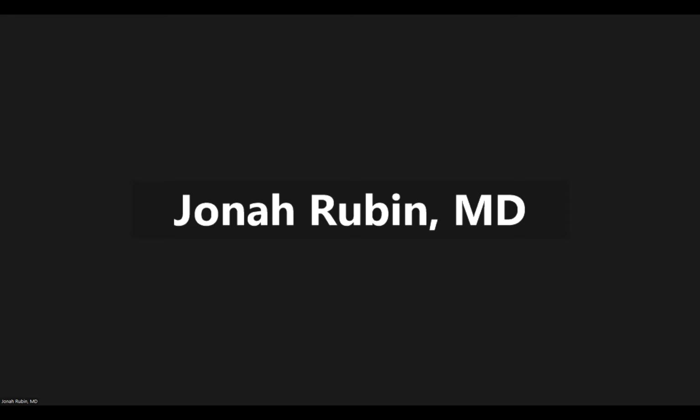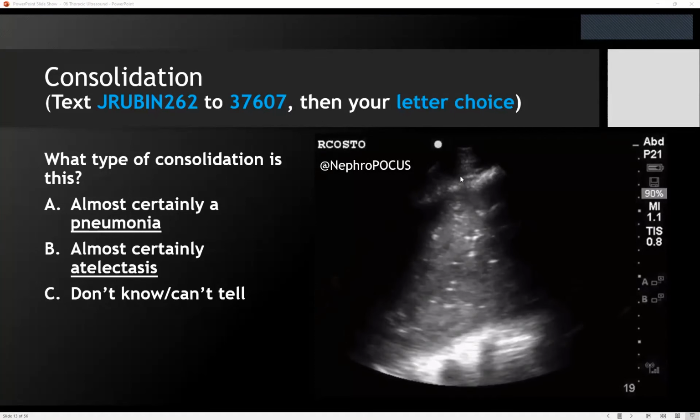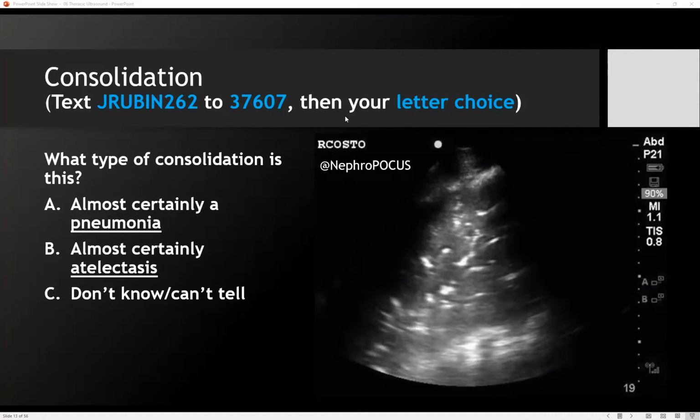I'm glad we did this, because I will tell you that the minority answer in every single question was correct. So if you were in the minority in every single question, you are correct. And if you were in the majority, you are not. So stay tuned, and I will share with you some common misconceptions and pitfalls in thoracic ultrasonography.